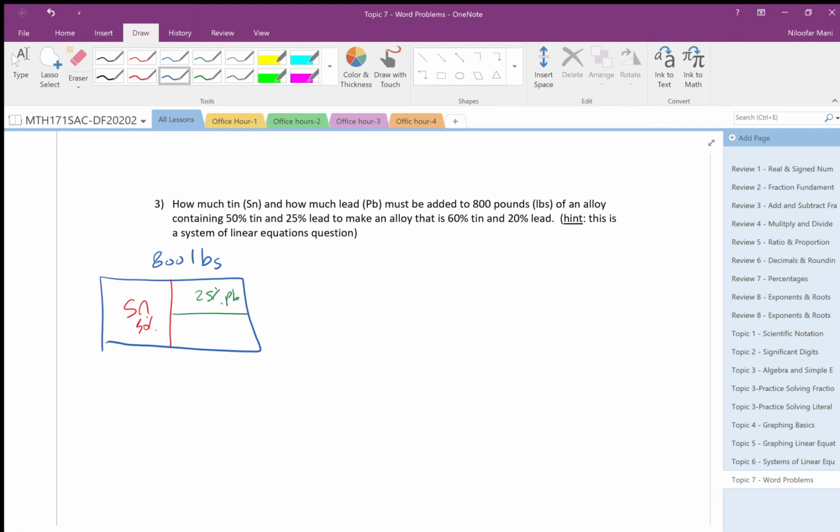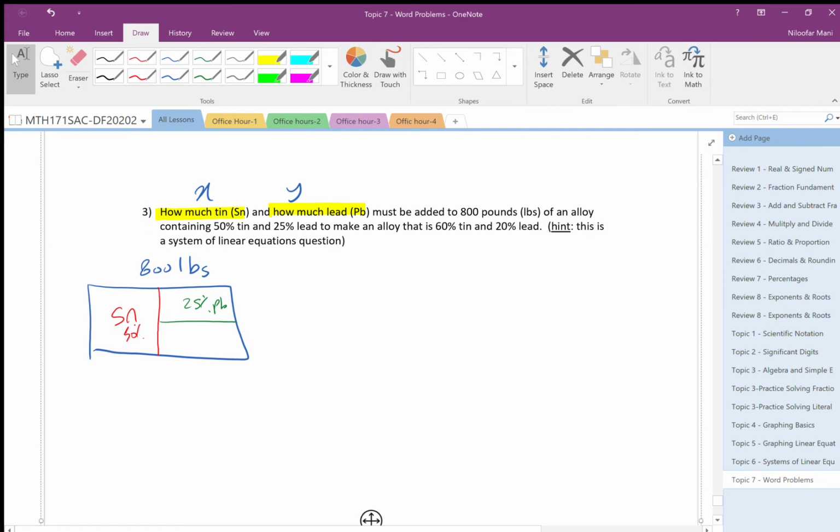I want to know how much tin and how much lead, and that will be x and y. When you read the question, the part which says how much or how many, the part that is asking the question, that's your x and y. So I want to know how much x must be added here.